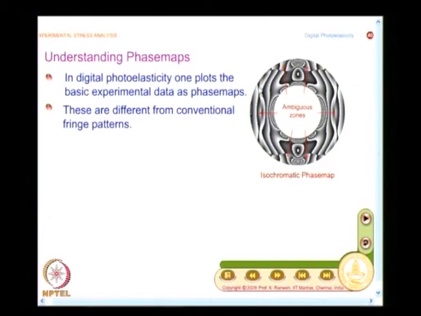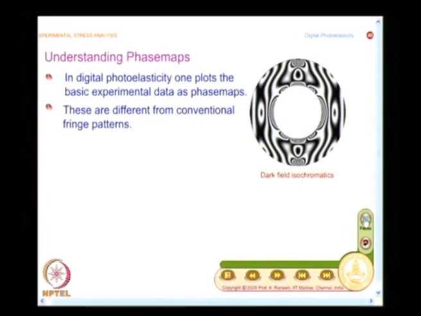You do not have a fringe-like situation. Now, I will superimpose the fringe and see the difference. You see the fringe pattern here. A fringe pattern has a variation: it has a maximum intensity, then comes down to lower intensity, going in an oscillatory cycle, whereas this phase map goes as a step change, a sawtooth type of waveform.